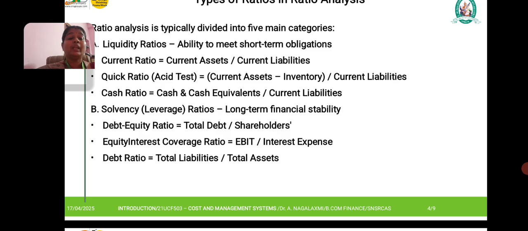These are very important for the lenders and stakeholders to know about the organization.